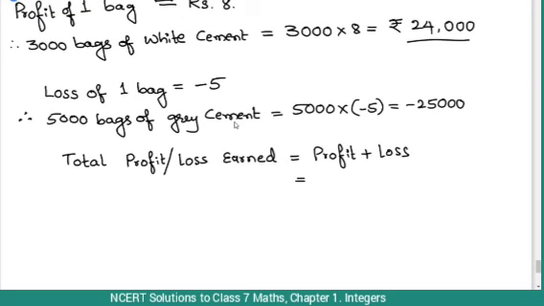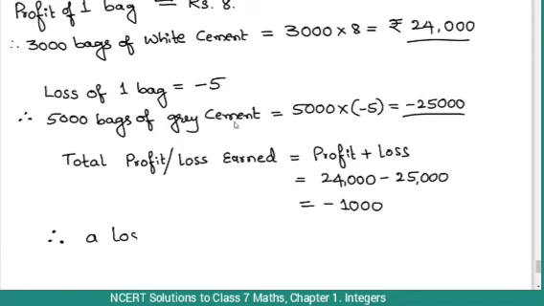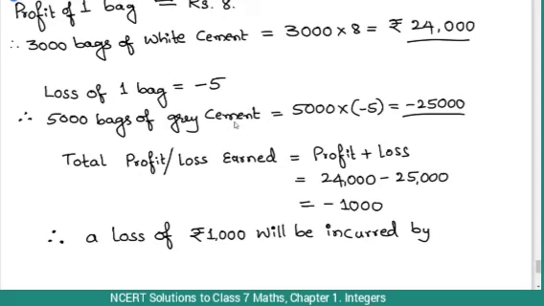Profit is how much? It is 24,000 and loss is how much? It is minus 25,000. So answer is minus 1,000. Therefore, a loss of rupees 1,000 will be incurred by the company.